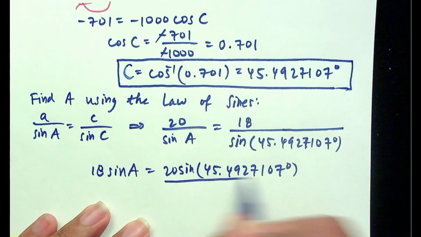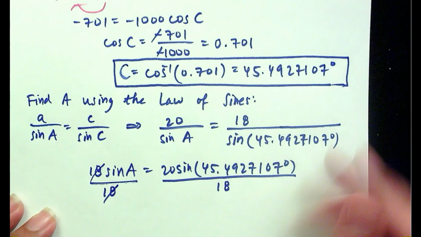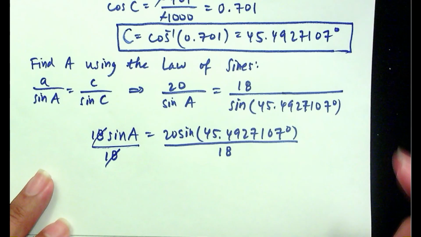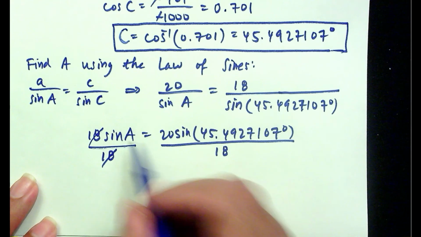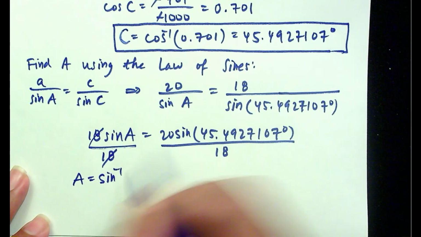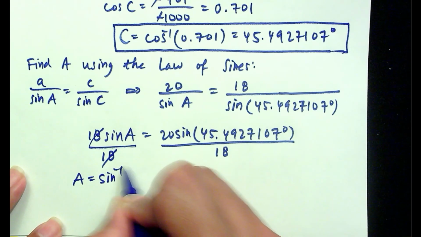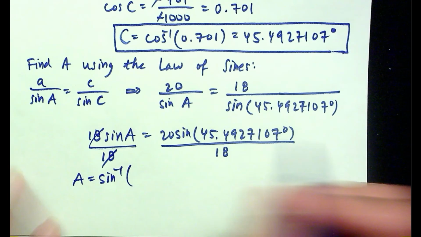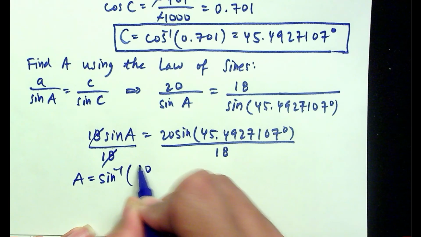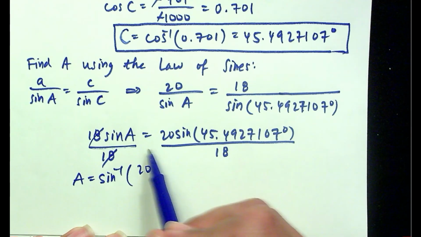And now divide by 18 on both sides. Then to get capital A, hit it with sine inverse. You can put all that in the calculator right now and then hit it with sine inverse, or just do it all at once. So I'm going to do it all at once. So when I hit this equation with sine inverse on both sides, I will get A equals sine inverse of this whole thing.